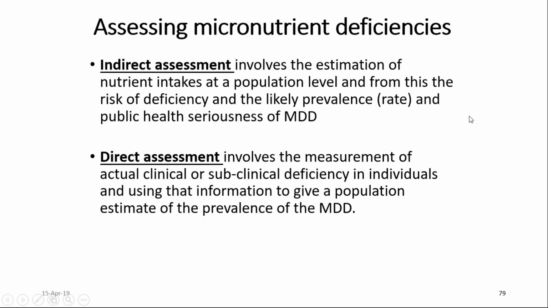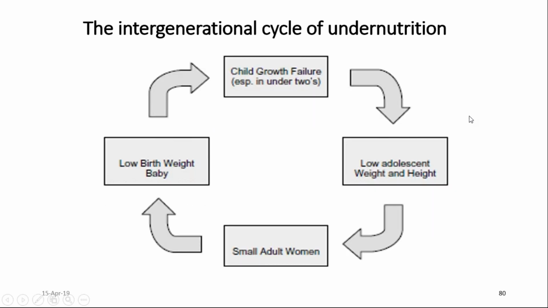So in undernutrition or malnutrition that is associated with the macronutrients, there is an intergenerational cycle. If the mother is healthy, the pregnant woman is healthy, and then she delivers a healthy baby, and with lactation the baby gets enough.